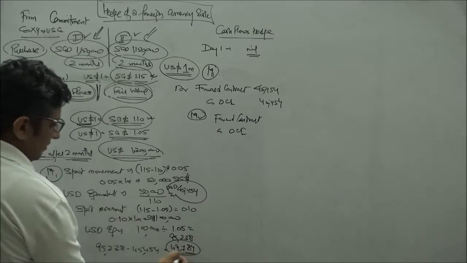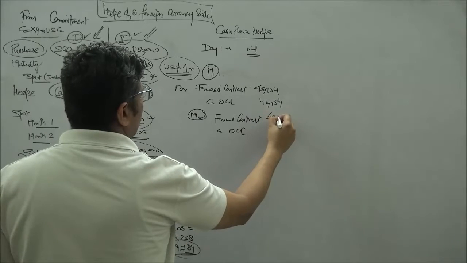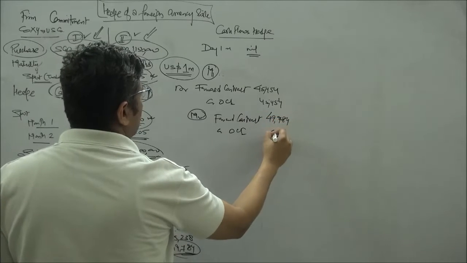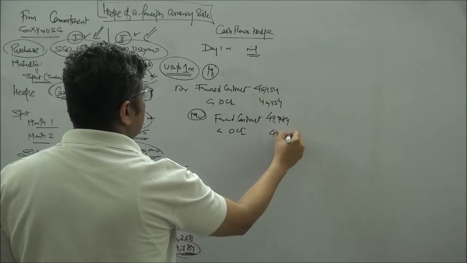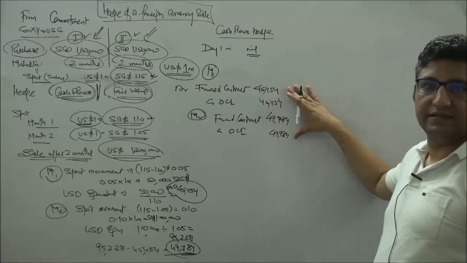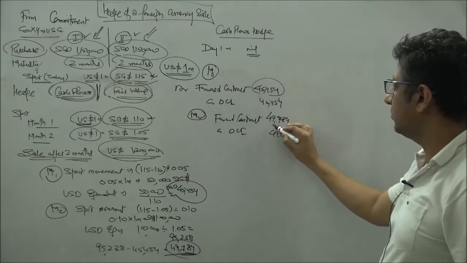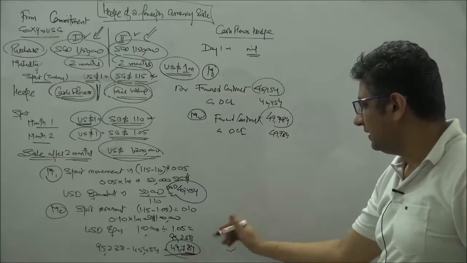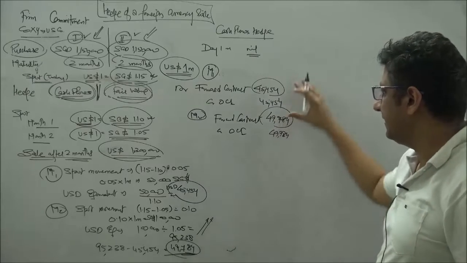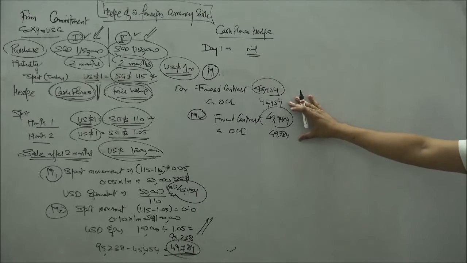This differential of 49784 starts arising at this stage, right? The clear objective is that this contract in totality has a value of 95238, and that's what is brought as a part of my other comprehensive income, right?